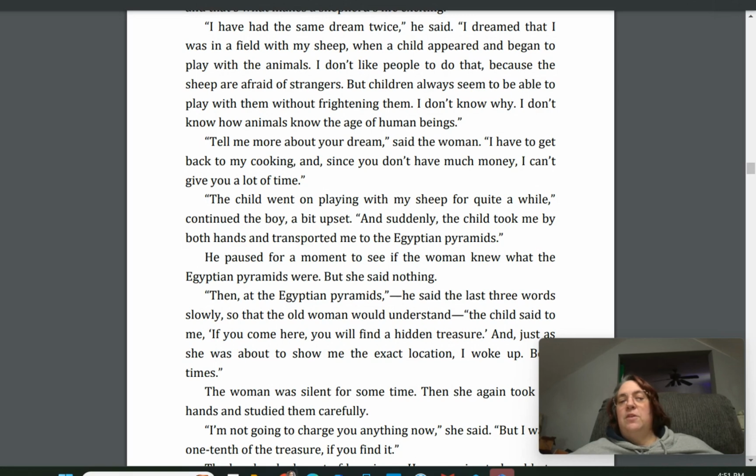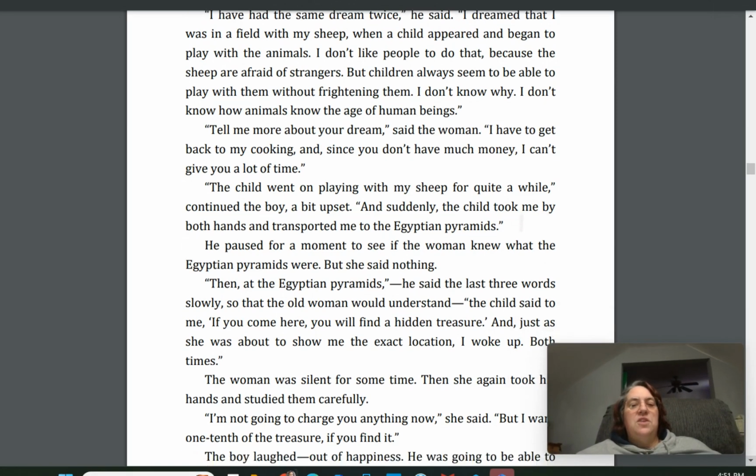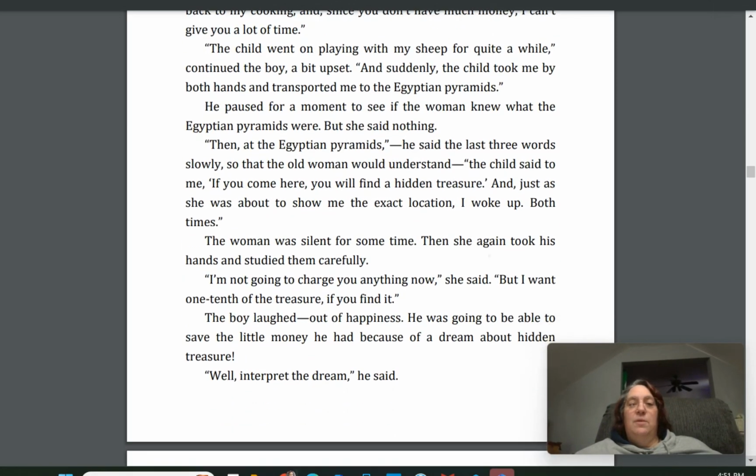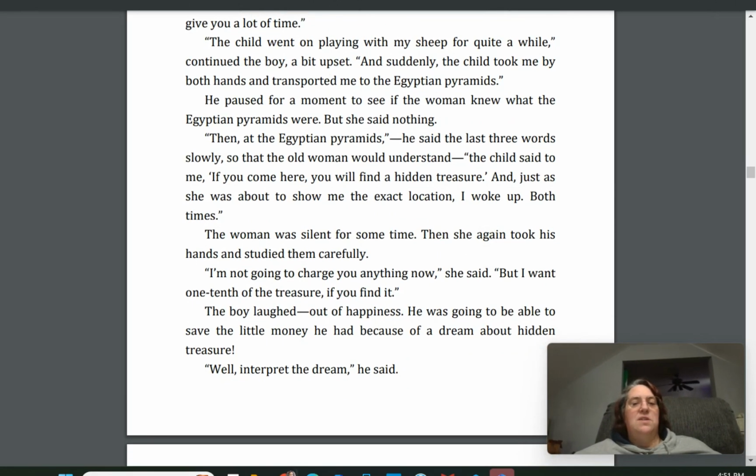"Tell me more about your dream," said the woman. "I have to get back to my cooking, and since you don't have much money, I can't give you a lot of time." "The child went on playing with my sheep for quite a while," continued the boy, a bit upset, "and suddenly the child took me by the hands and transported me to Egypt, to the Egyptian pyramids."